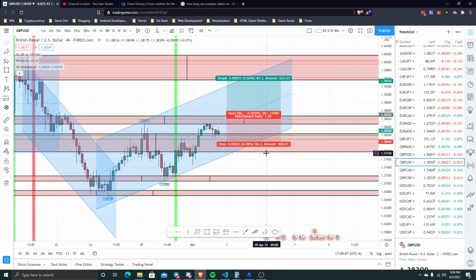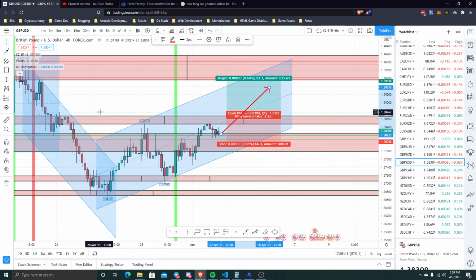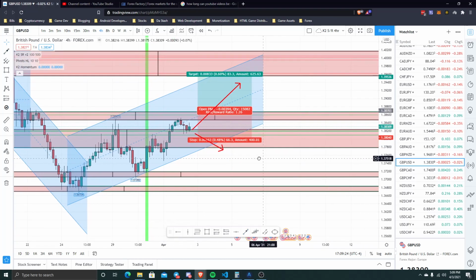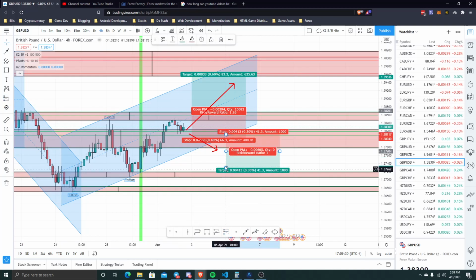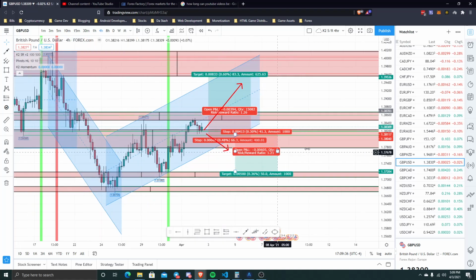If there's bad news, then definitely the GBP will be stronger, so it's going to continue to the upside. But if there's some good USD news, then the GBP USD pair is going to head in the downwards direction. And if that happens, I may take this short down here. This is like a 50 pip move here, so you have to wait and see with GBP USD.